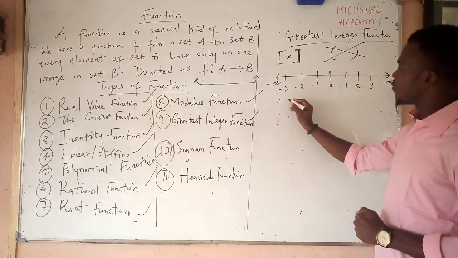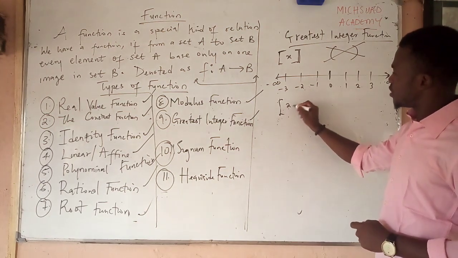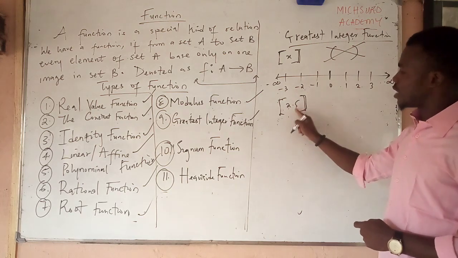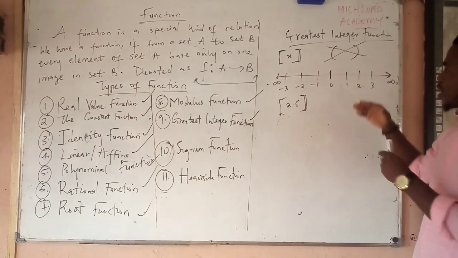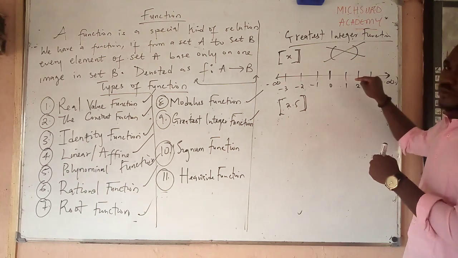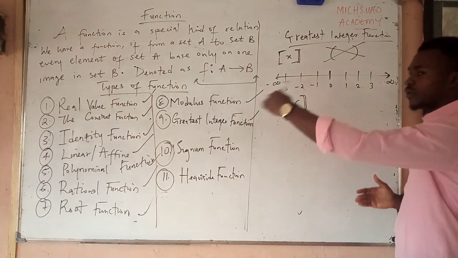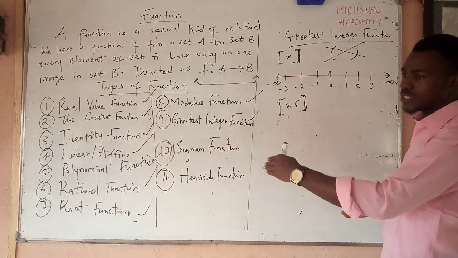Now, if we have the greatest integer of 2.5, what we do is look for the point where we get 2.5 and move a step backward, or a step to the left, and meet the closest integer there.